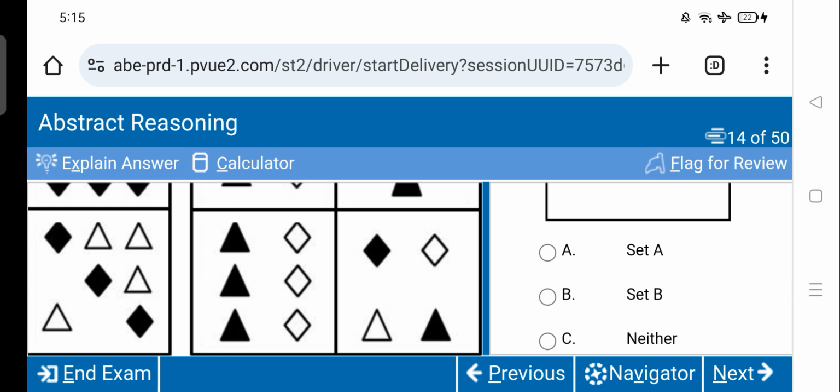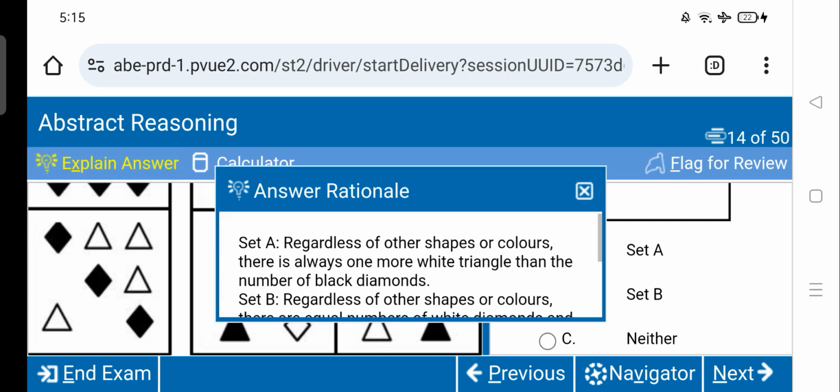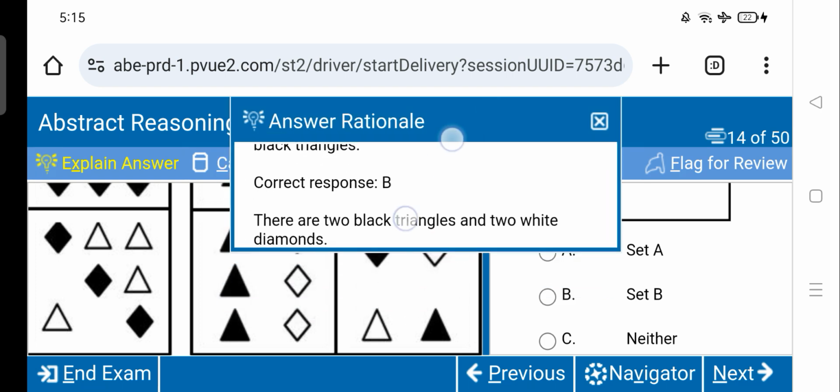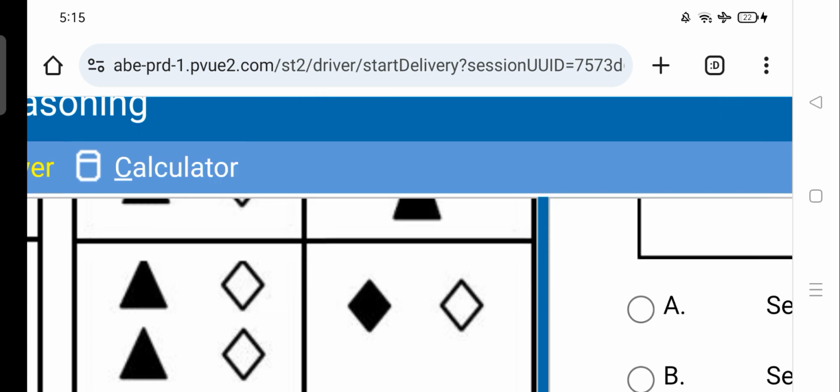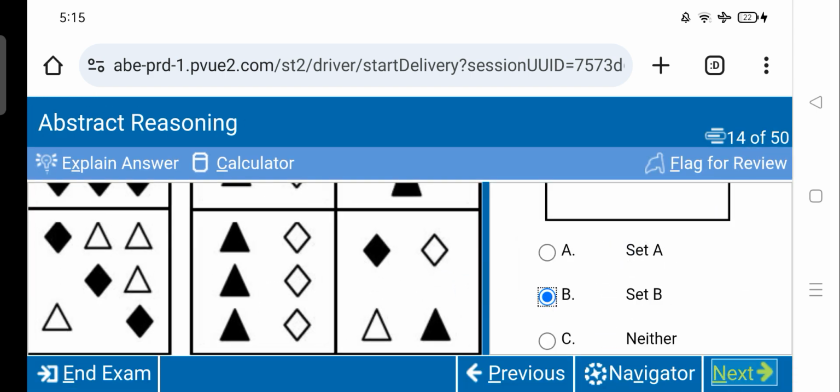Option A is set A, option B is set B, and option C is neither. The correct option is option B, that there are 2 black triangles and 2 white diamonds. So that's how we have the correct option is option B, which is set B.